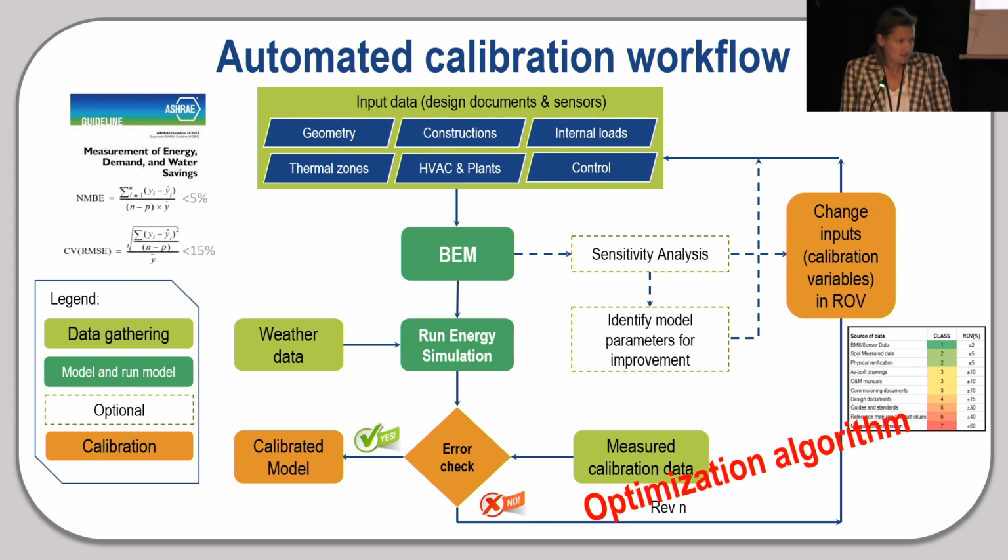As an acceptance criteria, to consider that we have obtained a good calibrated model, we use the criteria from the ASHRAE guideline 14 that establishes, taking into account monthly data, a maximum error value of 5% for the normalized mean bias error and a maximum of 15% for the coefficient of variation of the root mean square errors for all energy carriers present in the building.